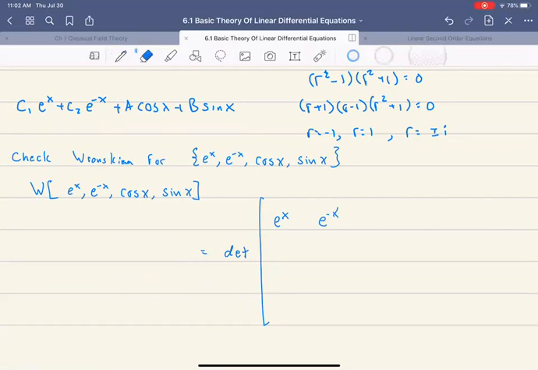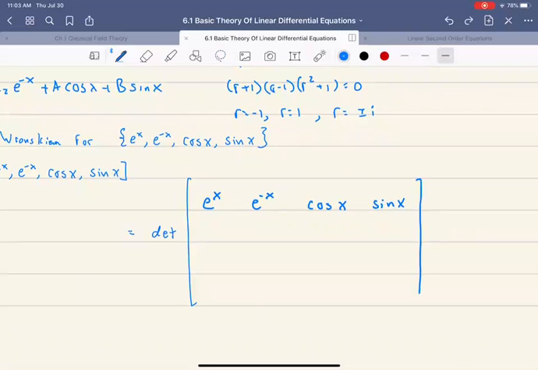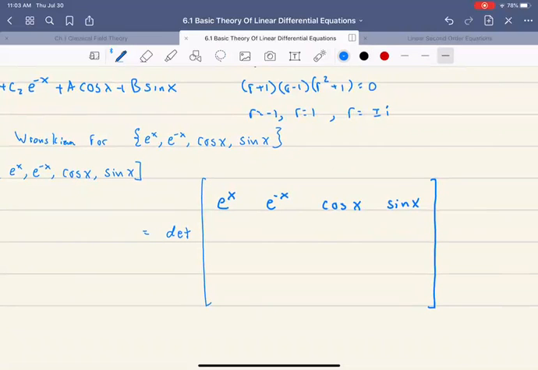Actually, sorry about that. Just want to format it a little better. E to the x, e to the negative x, cosine x, sine x. Take the derivative on the next line. So e to the x, negative e to the negative x, negative sine x, cosine x.